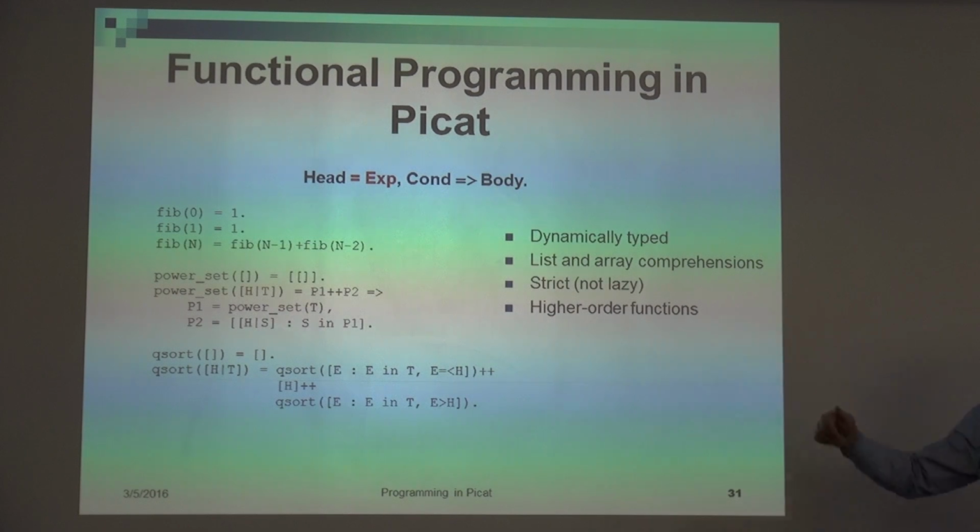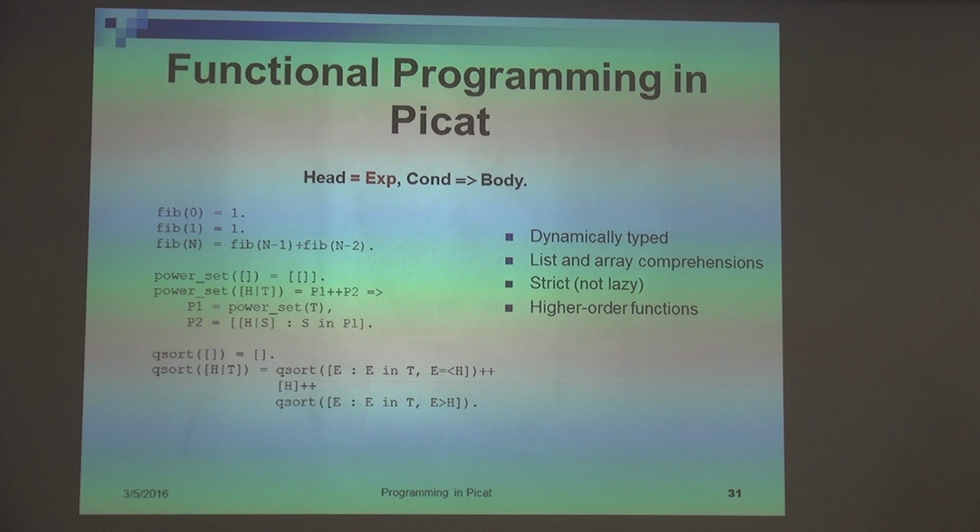Here are several examples. As you can see, these programs are not that different from programs written in Haskell. But there are big differences internally. First, this is dynamically typed, so the compiler doesn't check types. You can use list and array comprehensions, as you can use list comprehensions in Haskell.